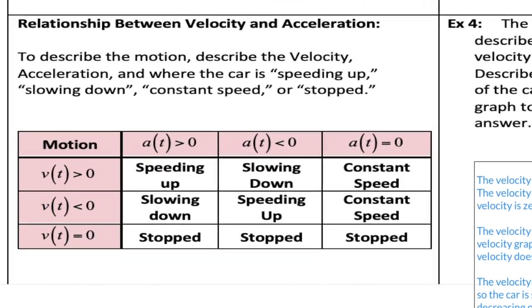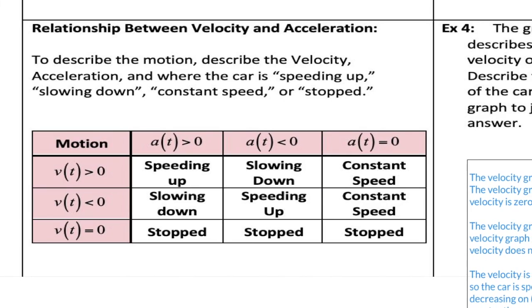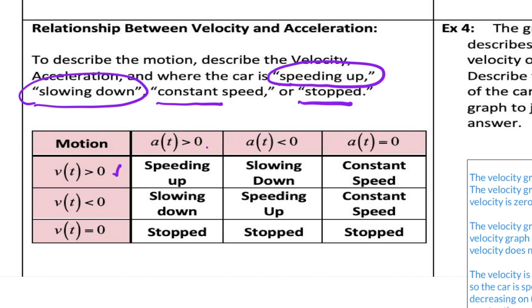Now let's take a look at the relationship between velocity and acceleration. It's used to describe motion, or whether the car is speeding up, slowing down, has a constant speed, or perhaps the car has stopped. So if your velocity is positive and your acceleration is positive, then your car is speeding up. If both the velocity and the acceleration are negative, your car is still speeding up.